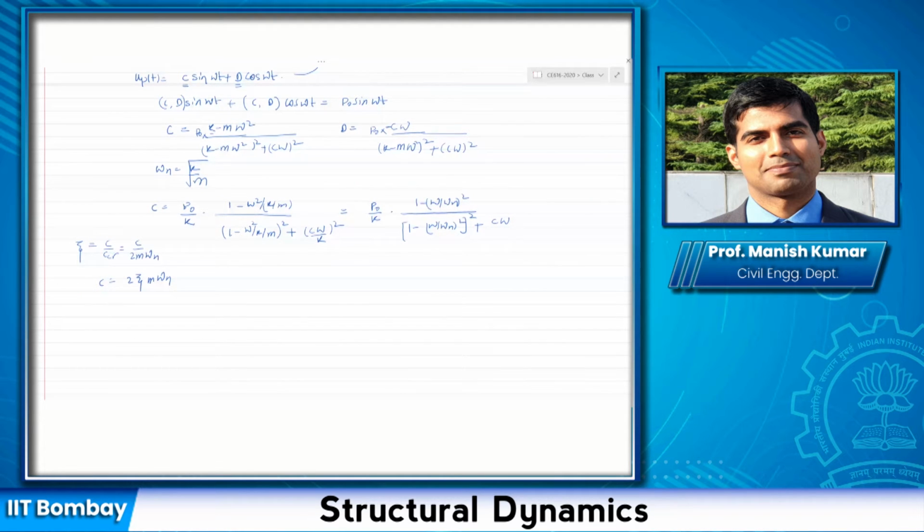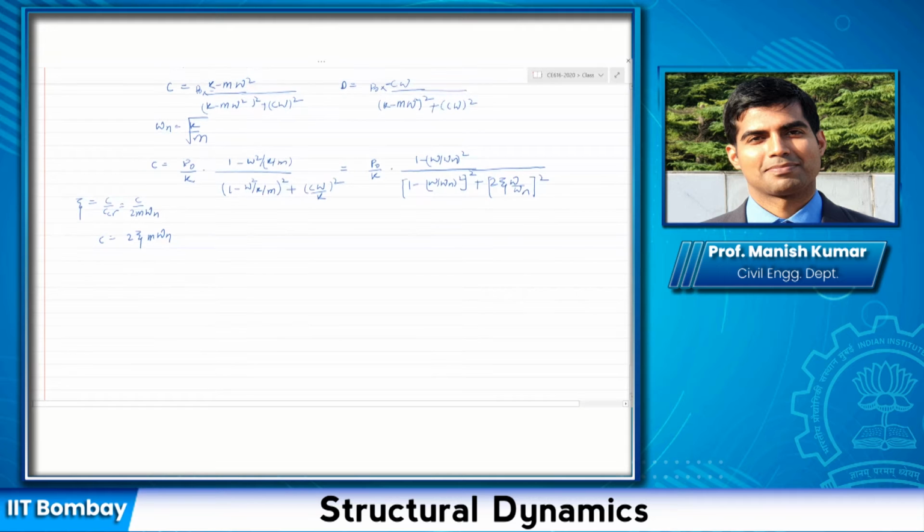So this can be written as 2 zeta omega by omega n whole square, using this relationship here. So I can write down my C as this.